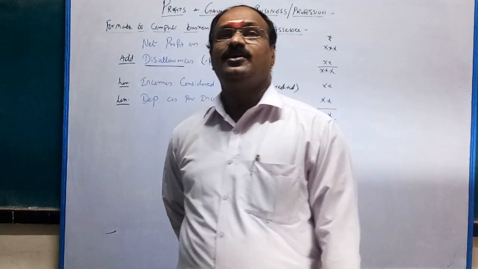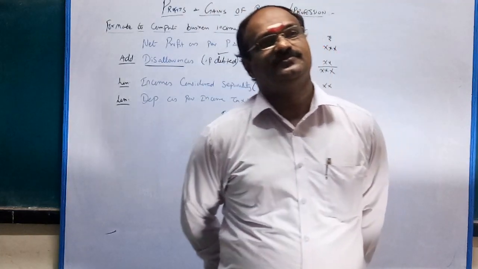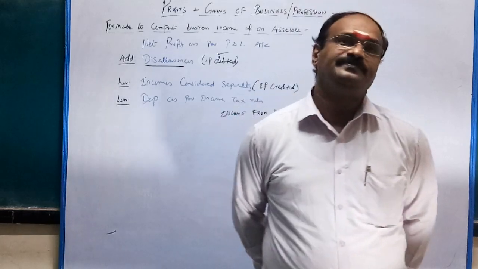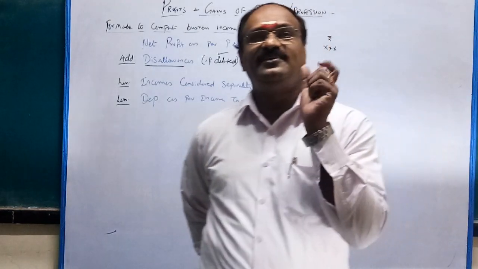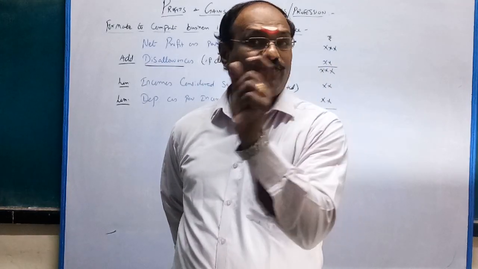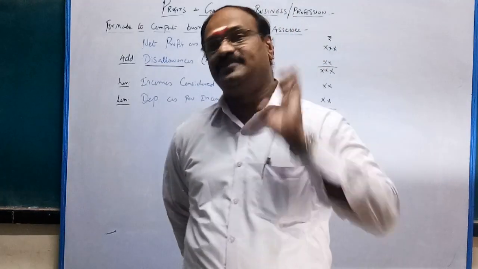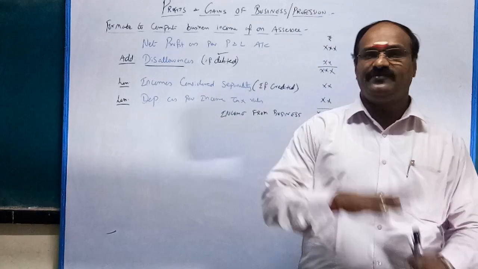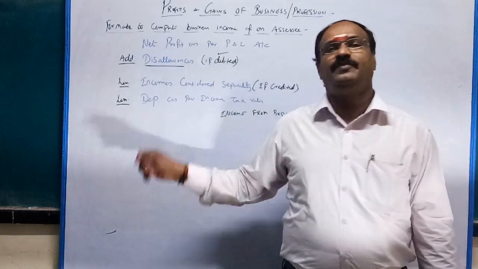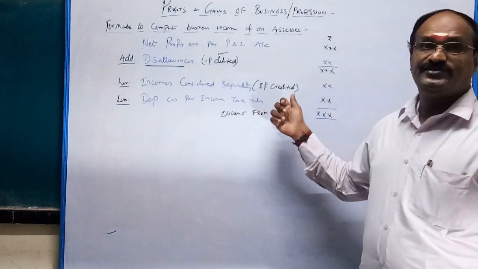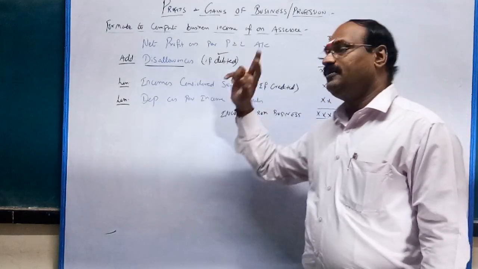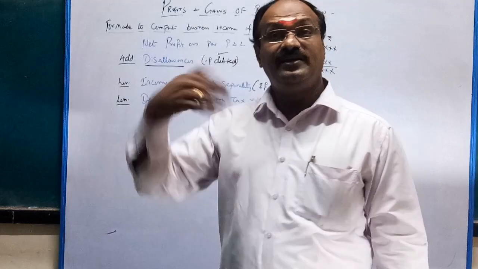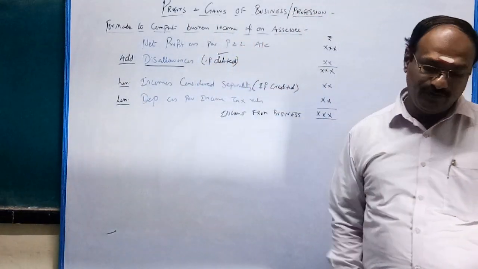But I am paying 25,000 per month to my daughter or son as accounts assistant. That excess is unreasonable, 10,000 rupees, and that 10,000 will be disallowed. Similarly, if the payment made to a relative is 10,000 and 2,000 is excessive, that 2,000 will be disallowed. You have to add back this 2,000.